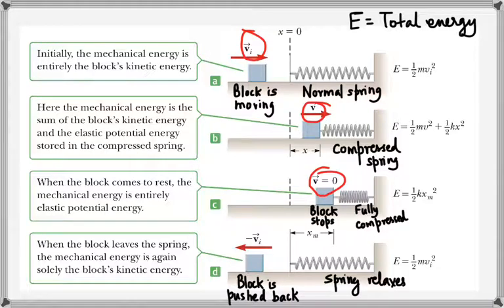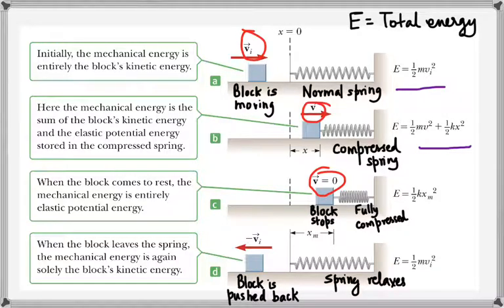E in each of the diagrams is the total energy. First, E is equal to half mv squared because the spring is at rest, neither compressed nor stretched, and only the block is moving, so it's the kinetic energy of the block. In the second diagram, the block is moving and the spring is getting compressed, so we have half mv squared plus half kx squared.